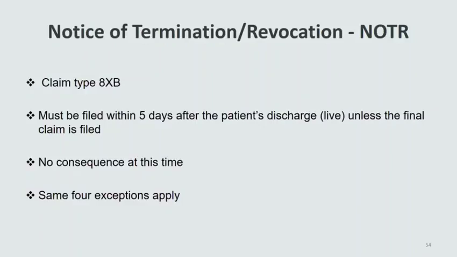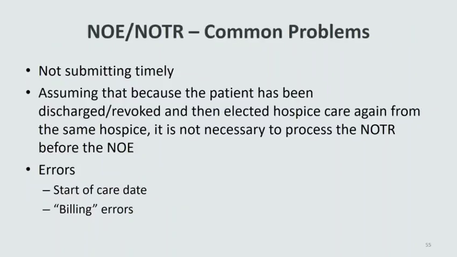CMS will deny if that NOTR is from the same hospice. So if the same hospice who the patient revoked from is now admitting the patient, and they could do a notice of election, surely they can process an NOTR, is how CMS is looking at that. So that's really the biggest issue I still hear about the NOTRs, and the same exceptions apply.